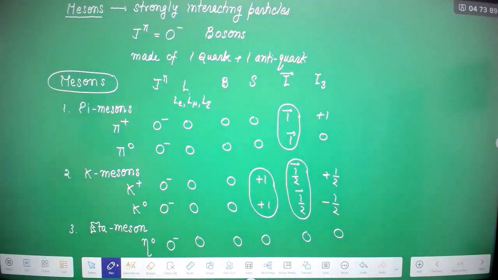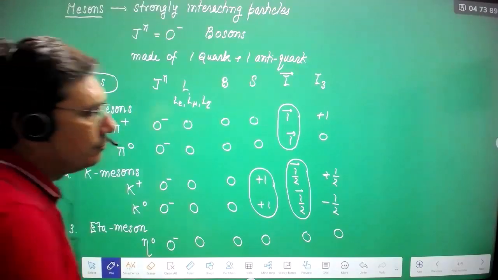Now corresponding to these mesons, there are antiparticles. Anti-mesons are there. Now come to the anti-mesons. Please note this down, then I will go to the next category. Anti-mesons.